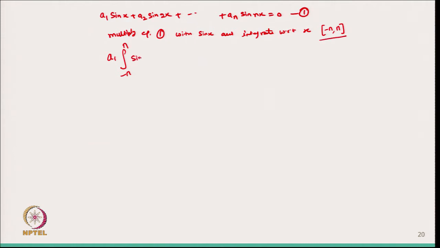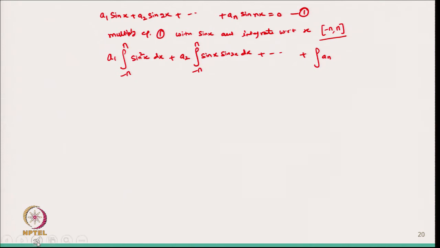Then it becomes integral of sin x square dx plus a2 integral from minus pi to pi of sin x sin 2x dx and so on, and this is an.